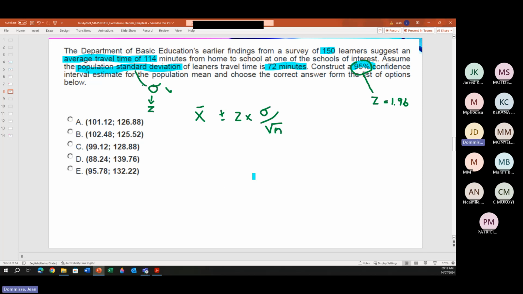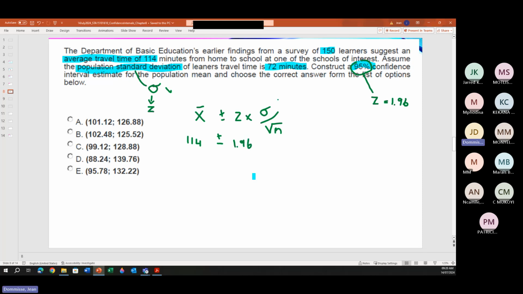Okay, so we've got the X that tells us, where is it? Learner suggests an average time of 114. Z is 1.96.